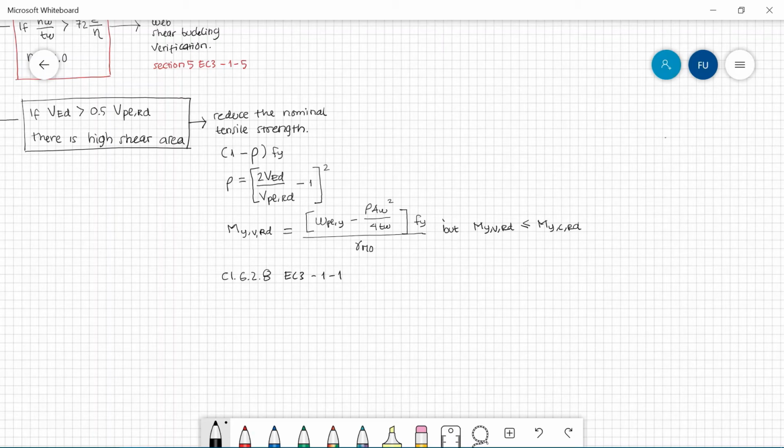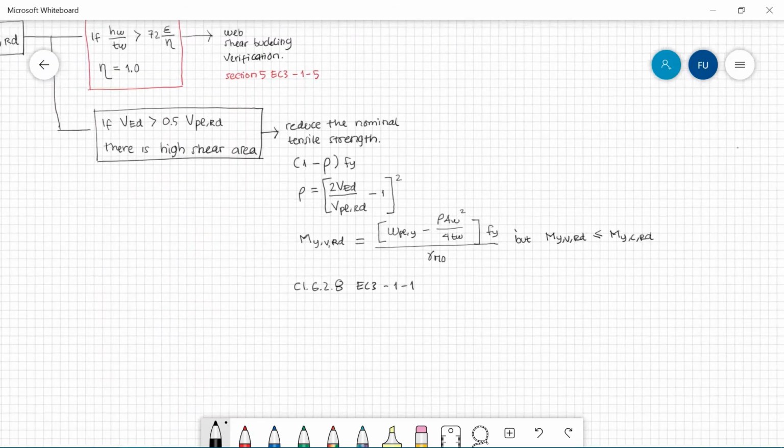It happens when there is a high shear area. So we have to reduce the nominal tensile strength, which means we replace the MyCRD, the cross-section design resistance to bending moment about the Y axis, by using this expression.